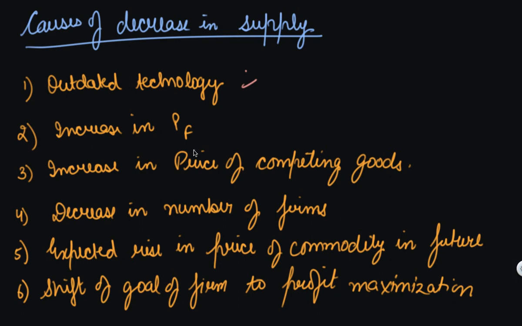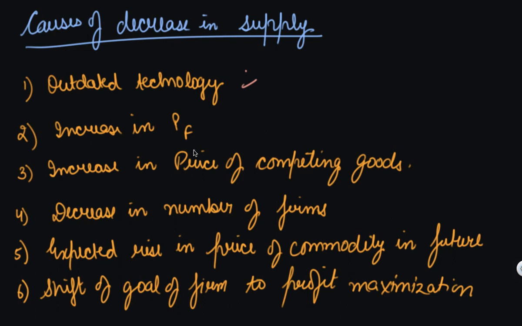So it will reduce the supply. Decrease in the number of firms. Expected rise in the price of the commodity in future: if you are expecting that the price of the commodity you are supplying will rise in the future due to some reason, such as the government giving you a subsidy, then why will you supply in the present?